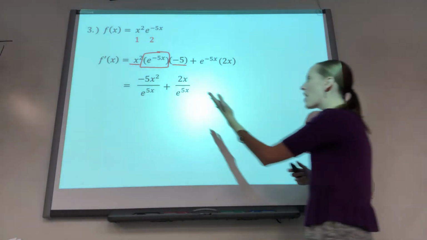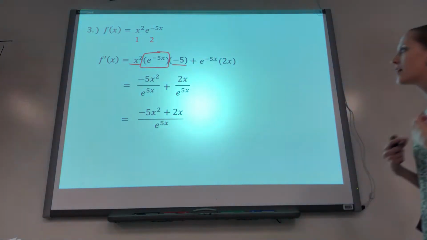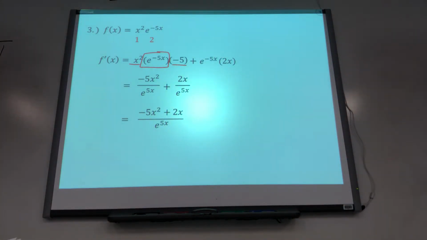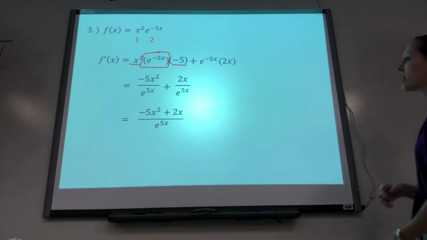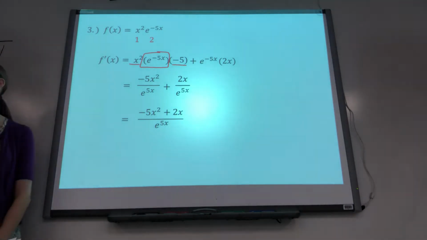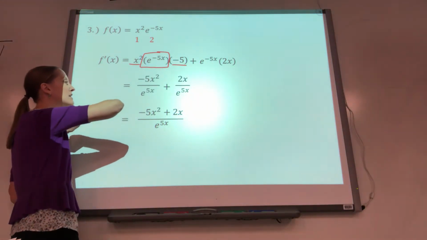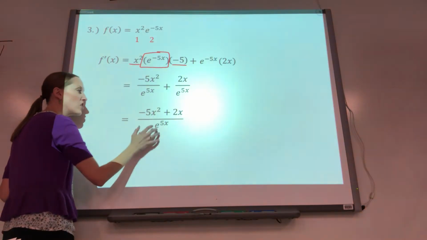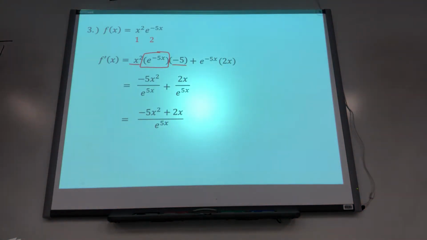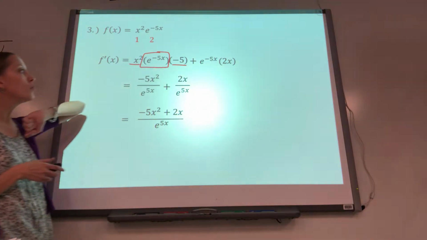And now we have common denominators, so we can just keep e to the 5x on bottom and turn that into one fraction. Negative 5x squared plus 2x all over e to the 5x power. Back of the book on some of these, for some reason, doesn't fix the negative exponents, but I think it's a lot nicer if you do, so we'll probably try to do that if you have a negative exponent. All right, that's probably all we need with e. It's pretty simple, just as long as you go back and take the derivative of the u part.